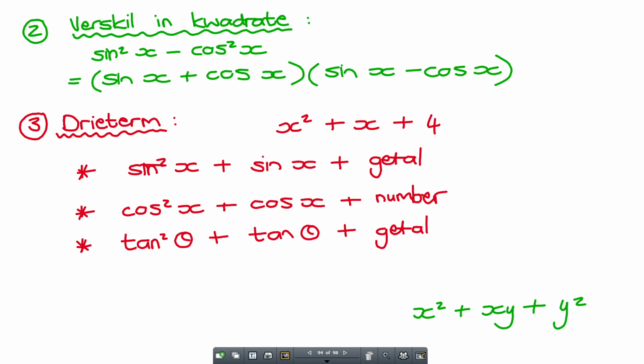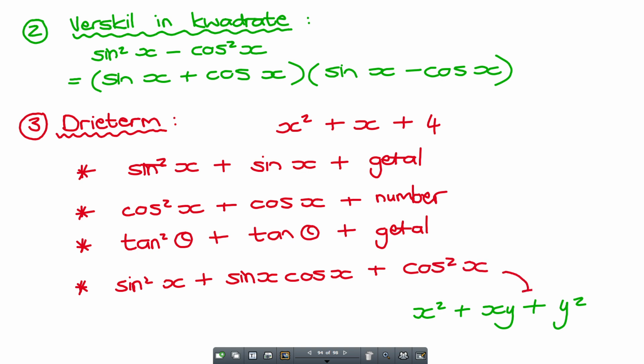Onthou julle dit? Dit was ook mos 'n 3 term, né? Okay, so daar, dit kan jy ook hê. So moenie skrik as jy sê maar dit kry sin kwadraat x plus sin x cos x plus cos kwadraat x nie. Dat jy weet dis waar hy vandaan kom, né? Is julle reg? So that's also an example of how your trinomial could look like.